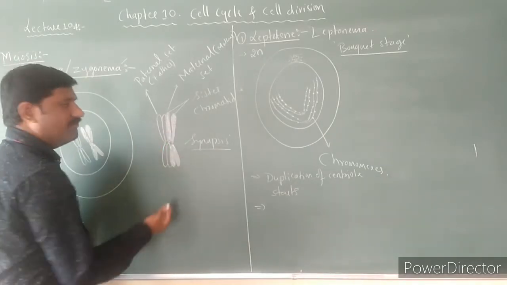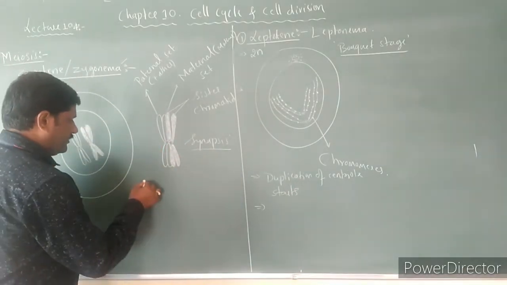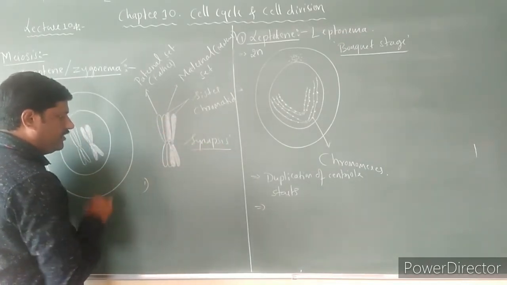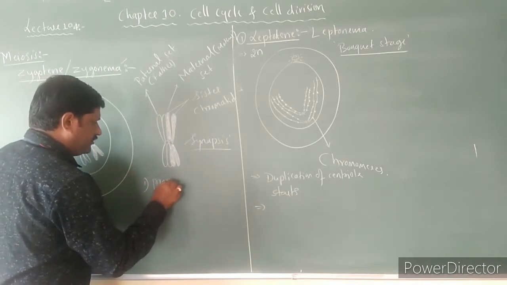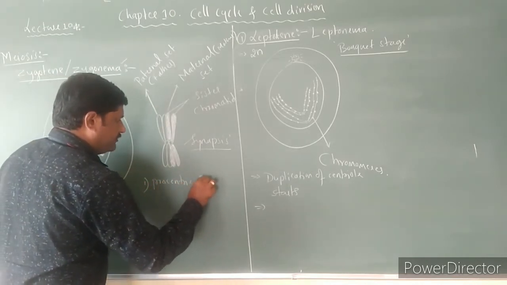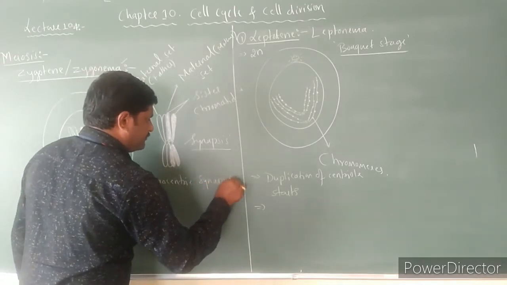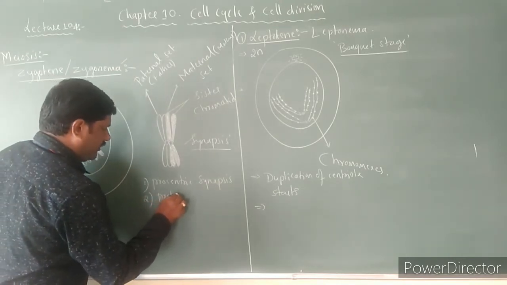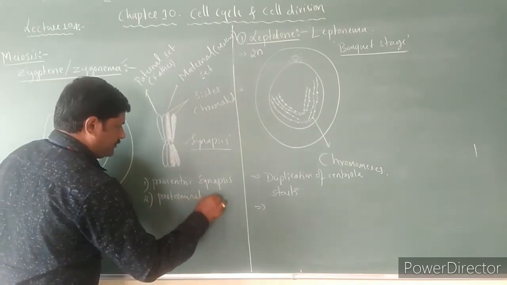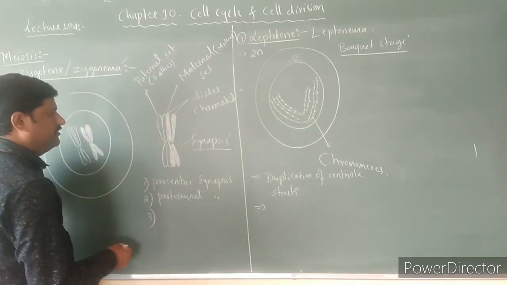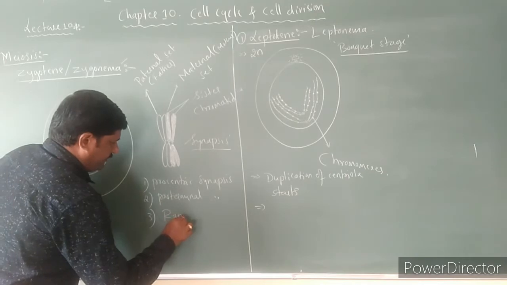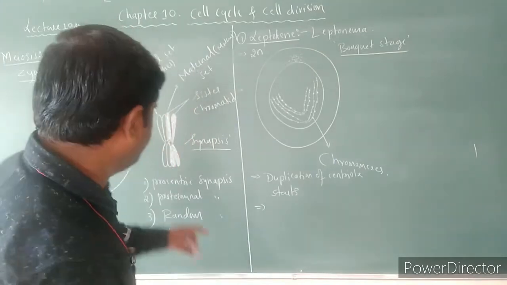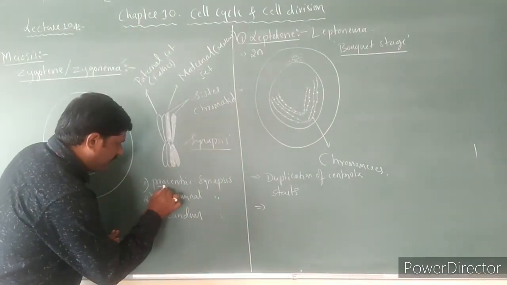The way of attachment is of three kinds. This synapsis occurs in three ways. One is called procentric synapsis, the second is called proterminal synapsis, and the third is called random synapsis. In procentric synapsis, pro means first.